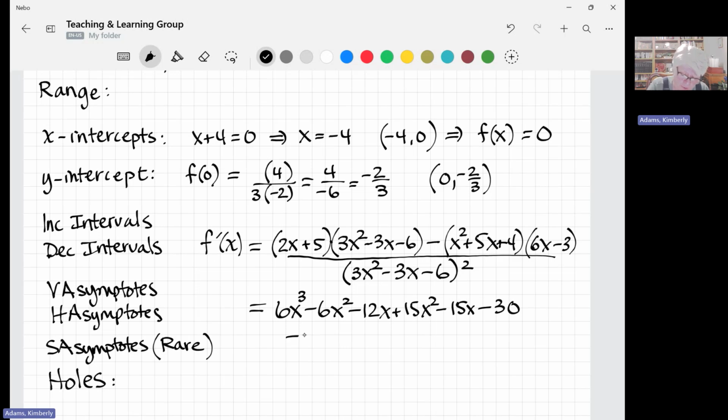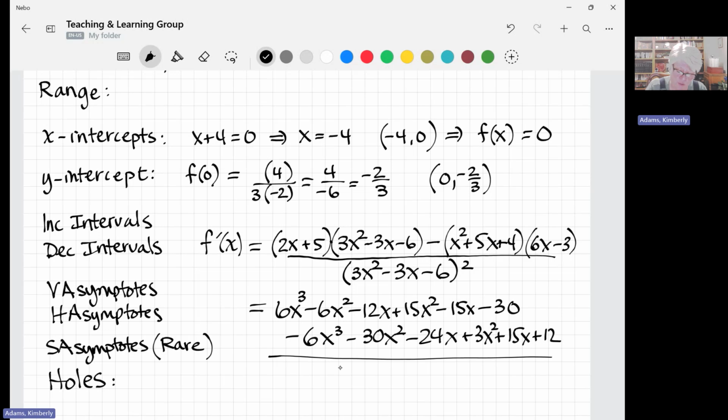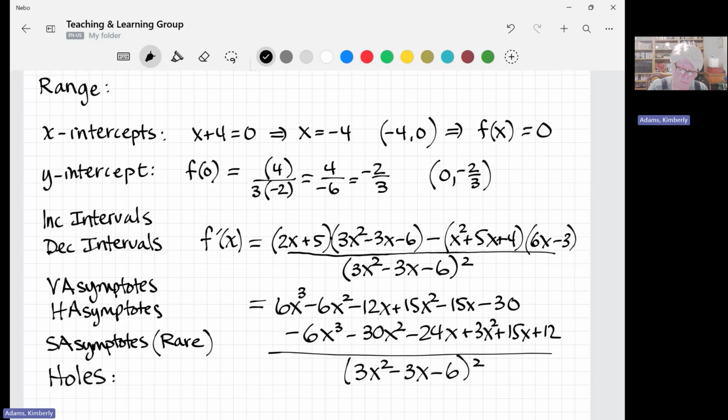This will be negative 6x cubed, negative 30x squared minus 24x. And then this -3 is going to make a +3, plus 3x squared plus 15x plus 12. And that whole thing is still divided by 3x squared minus 3x minus 6, the quantity squared.